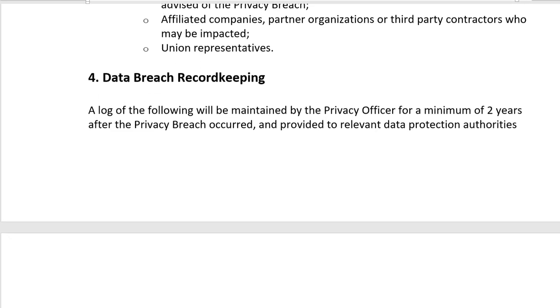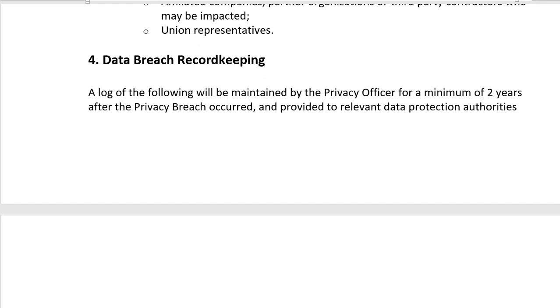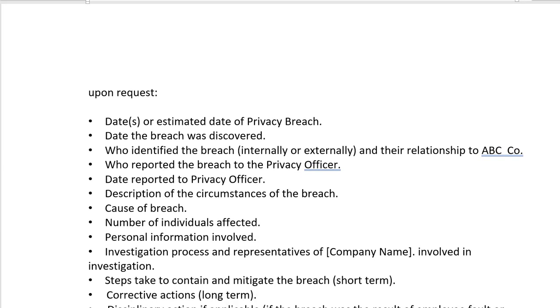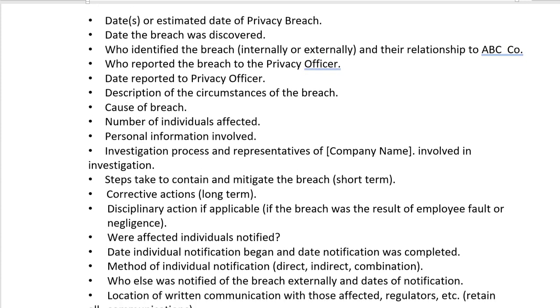When you have had a data breach, you would want to keep a good record or log of that breach. That information will contain the estimated date of the privacy breach, when it was discovered, who identified it, and the steps you took.